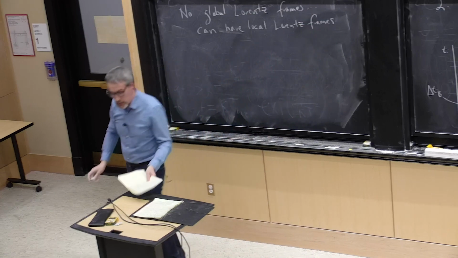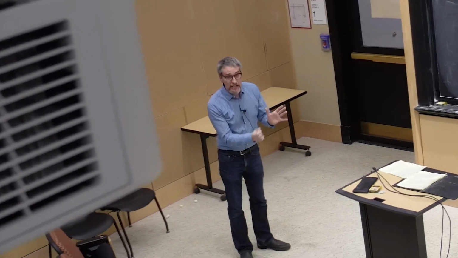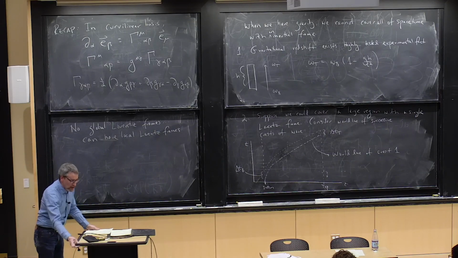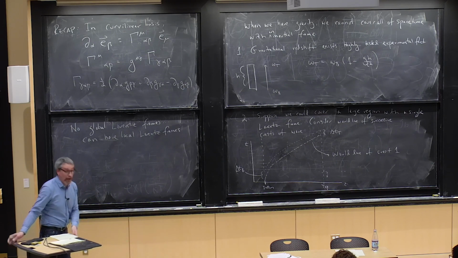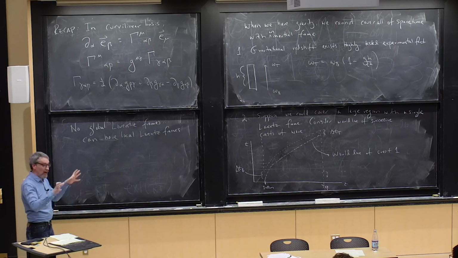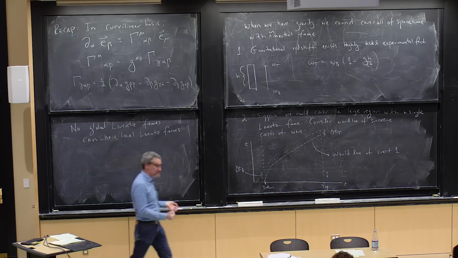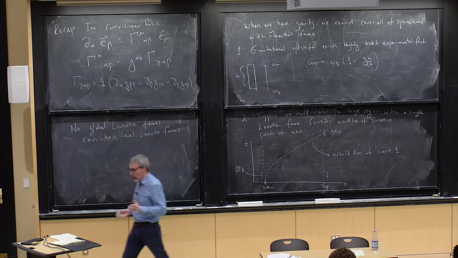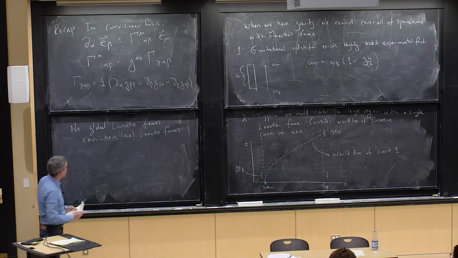I'll remind you that a Lorentz frame is a tool that we use to describe inertial observers. In fact, we often call them inertial frames because the constant coordinates represent the coordinates of an inertial observer who happens to be at rest in that Lorentz coordinate system. So let's start calling them inertial frames for just a moment.